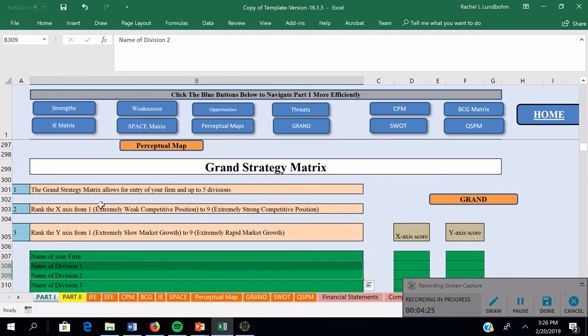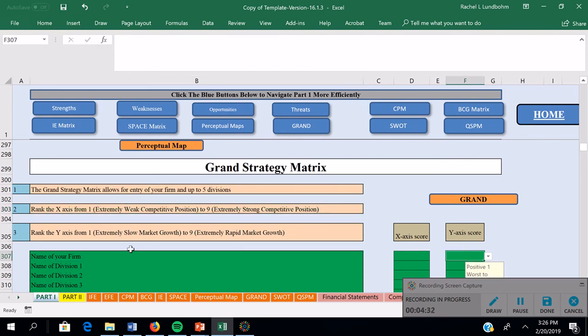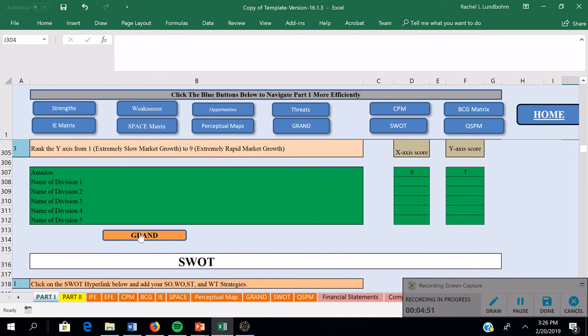And what it's allowing you to do is to say, do we have a weak competitive position or a strong competitive position? Let's just say that we use Amazon again. All right, so the x-axis, are they weak competitive or strong? I would say they're pretty strong. I'm going to use 9. All right, do they have slow market growth or rapid market growth? Let's say a 7.